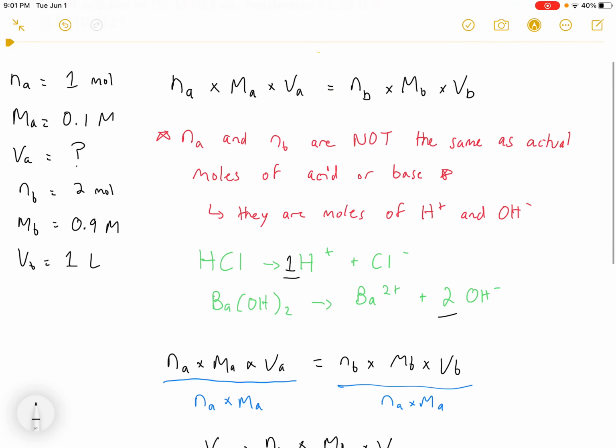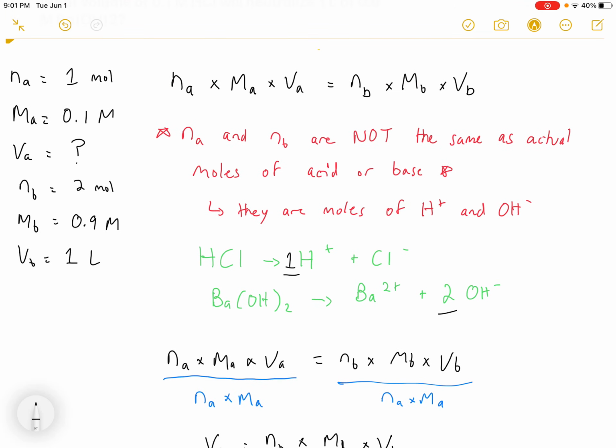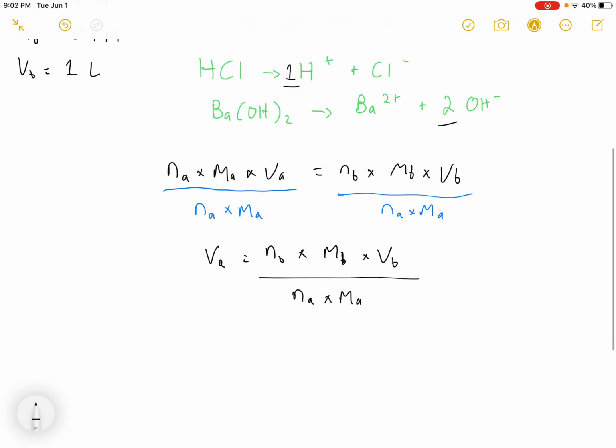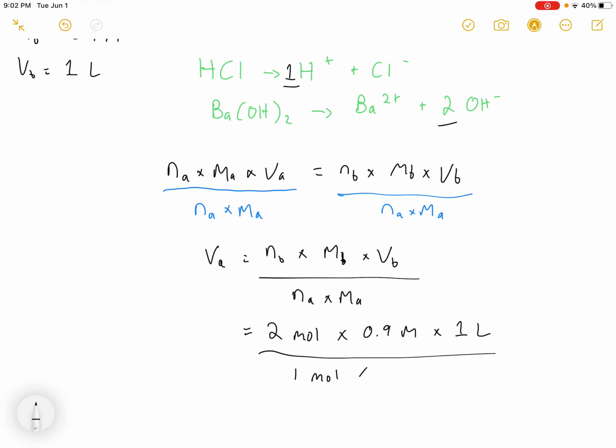We'll go back to our data list. We know that there were 2 moles of hydroxide ions supplied by the base, so 2 there. The molarity of the base is 0.9 molar. The volume of the base was 1 liter, divided by 1 mole of H plus supplied by each molecule of acid, so 1 there, times 0.1 molar, the molarity of the acid.